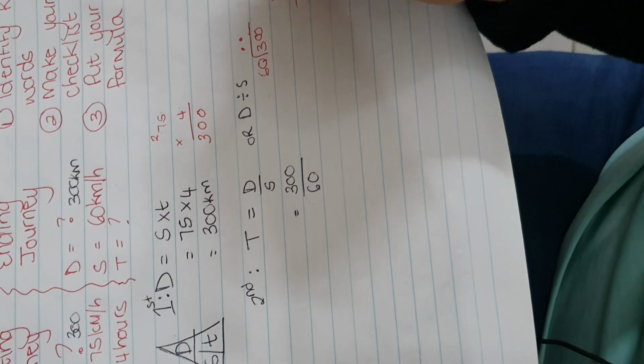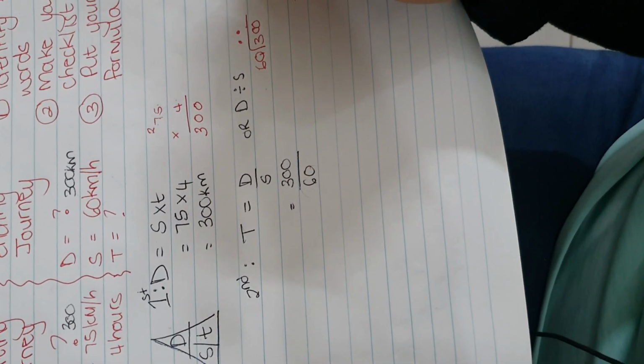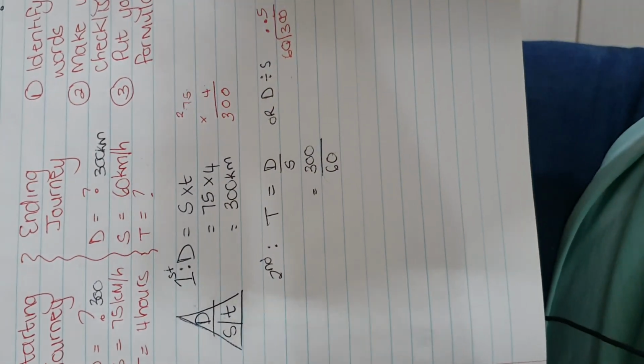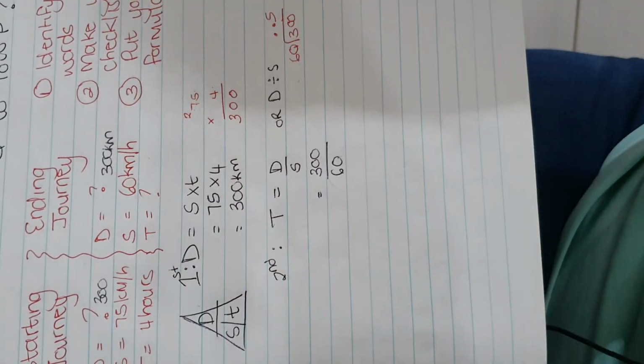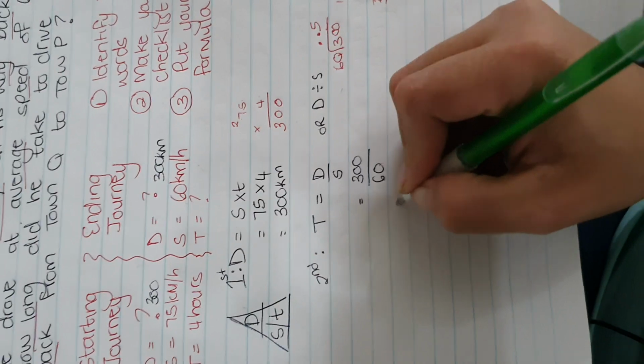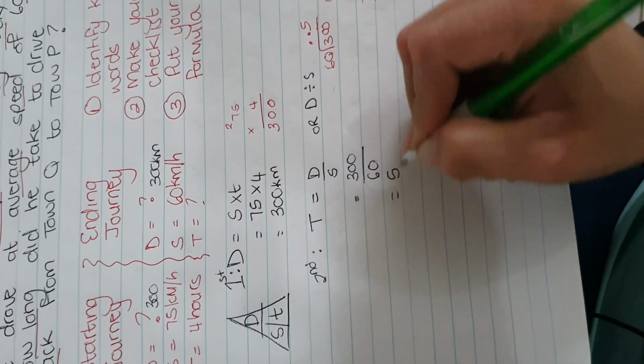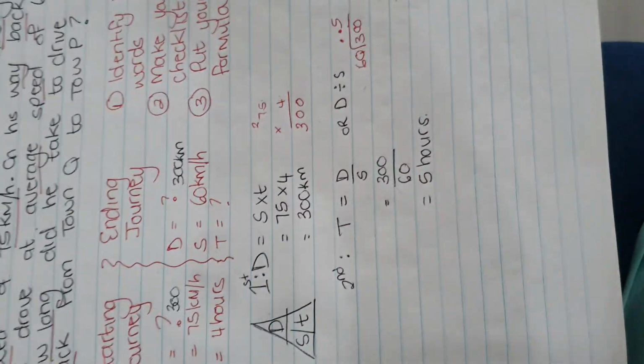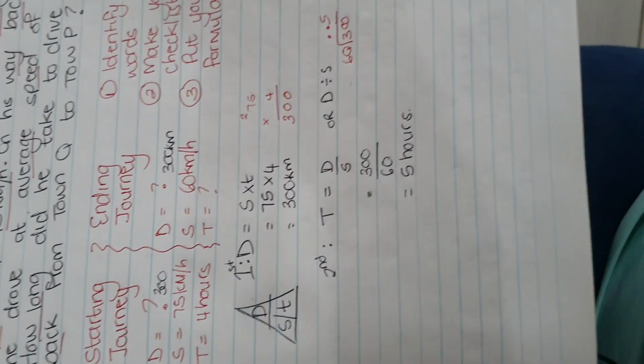And then we see if we can go another time. That gives us 300, so it is 5 times. So 300 divided by 60 gives us a total of 5 hours. And that is our time, and we are done with our calculation.